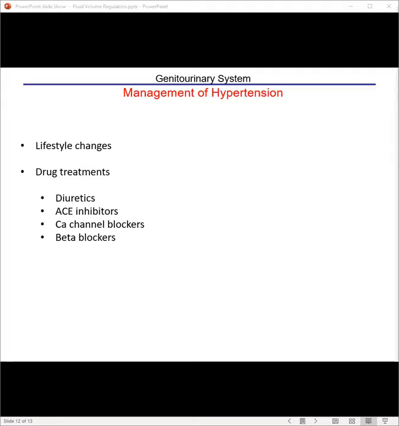So the loop diuretics act by inhibiting the sodium-potassium-2-chloride co-transporter on the luminal membrane of the cells, and this inhibits sodium reabsorption. Therefore, they dilute the osmotic gradient in the medulla and increase sodium and water excretion.